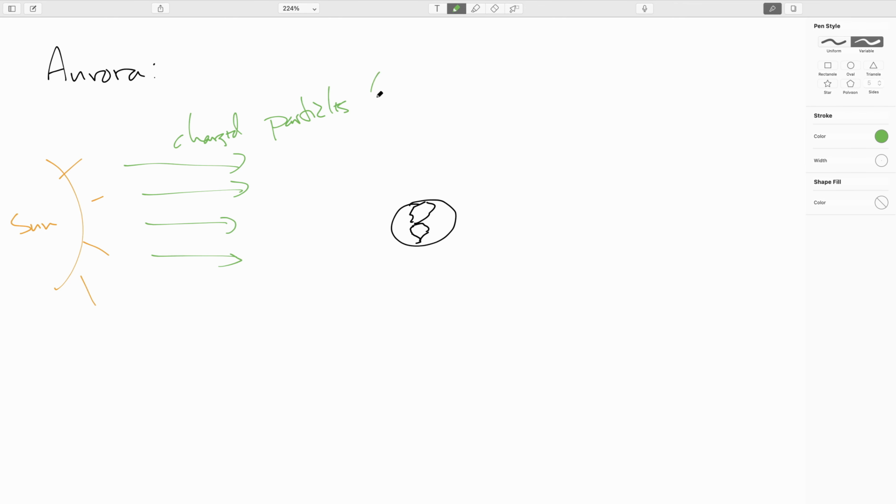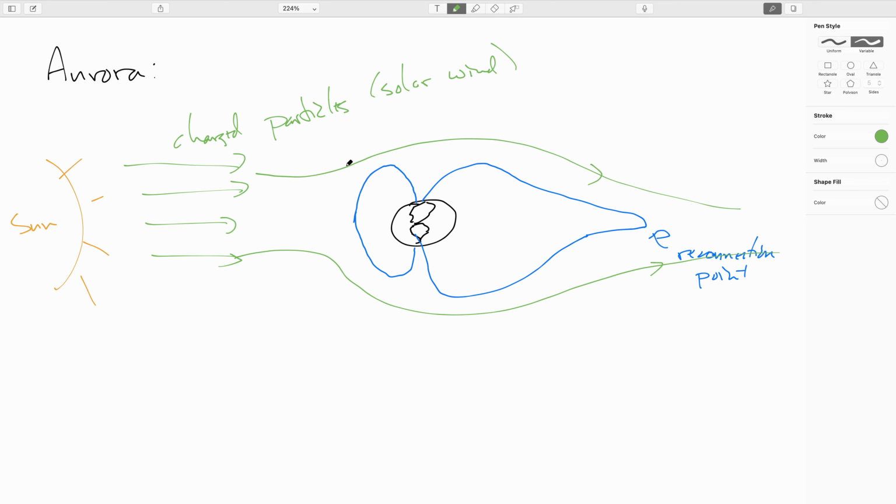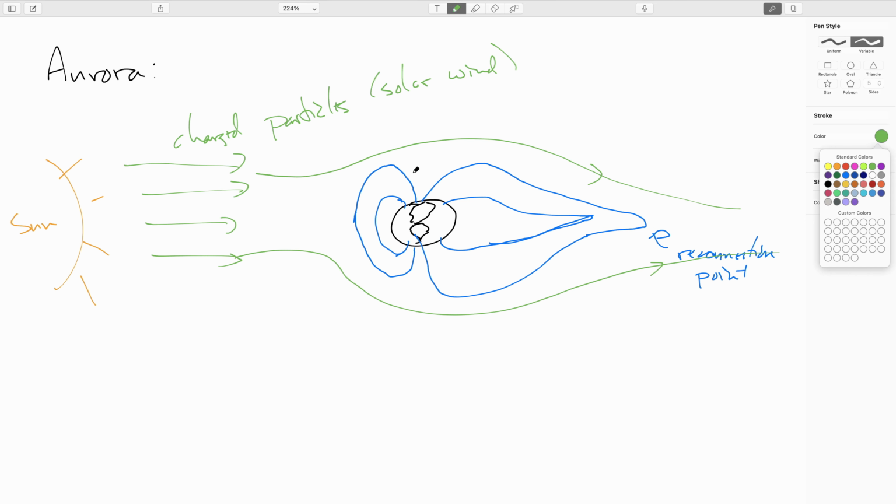In fact, you'll even get a region right here where the particles tend to pile up, just like the water does at the bow of a boat, and it gets called the bow shock. However, this isn't perfect. So what will happen is that some of the particles will manage to be moving at just the right speed and in just the right directions. What will happen is they will start to interact with the local magnetic field.